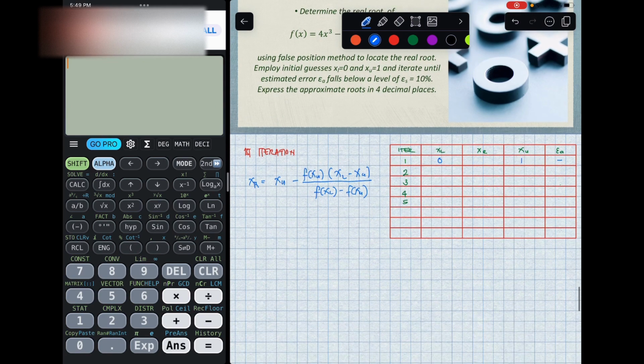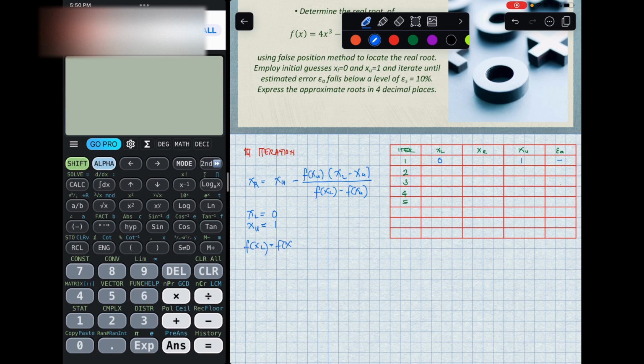In this case, x sub l is 0, and x sub u is 1.